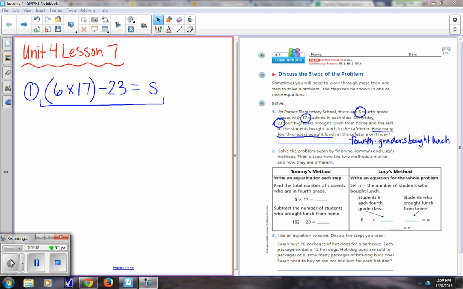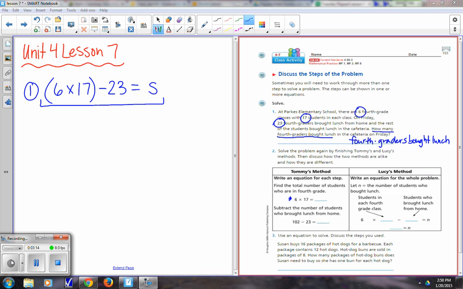Okay, so after you get your answer, all that number 2 is showing you is Tommy's way of figuring out the problem and Lucy's way of figuring out the same exact problem. So what Tommy did was he wrote an equation for each step. The first thing he did is find the total number of students who are in 4th grade, which is what we did. If I put a little star here, this is what we did here, right?